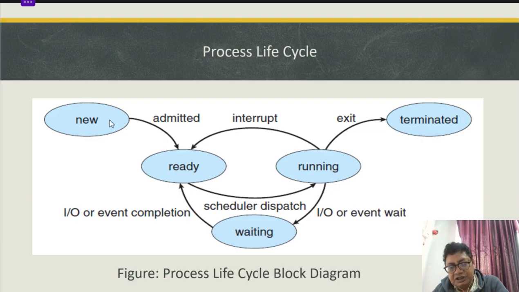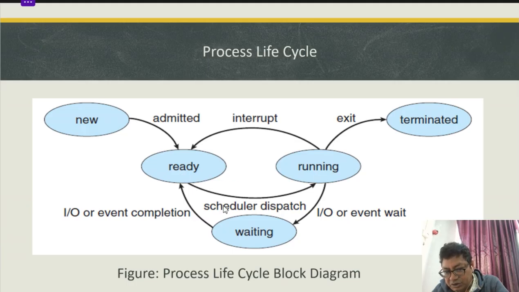First, a process is created, that is the new. New then jumps to the ready, that means admitted into the ready queue. Okay. Whenever the main memory is available or the process is allowed to execute in the main memory, it goes to the running.